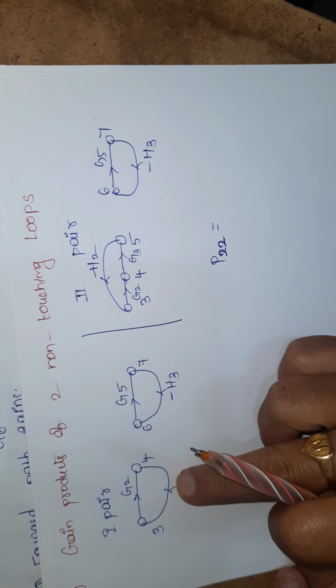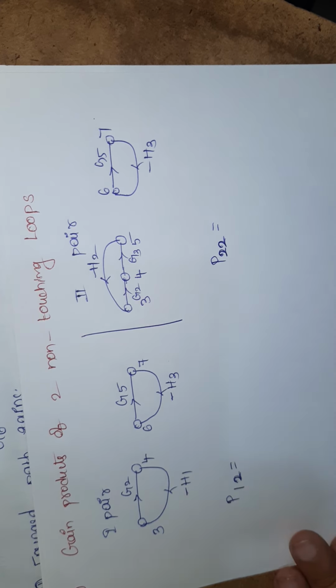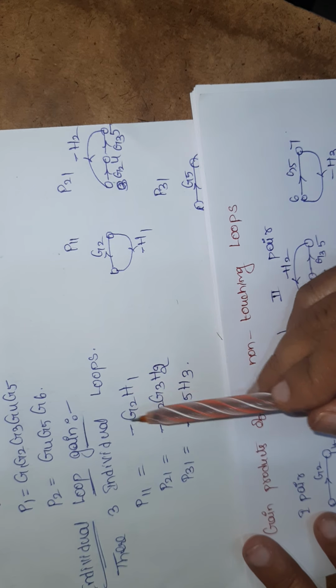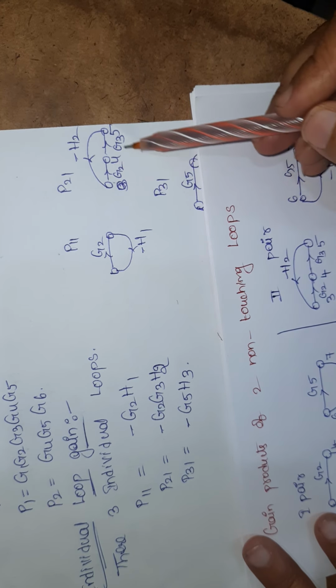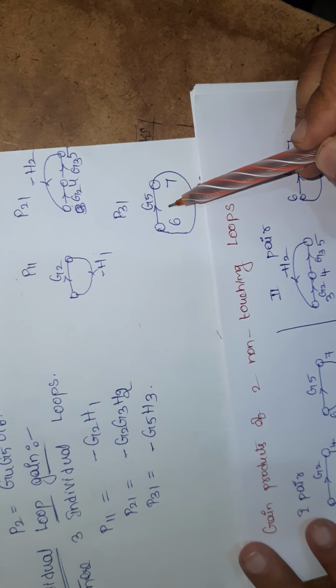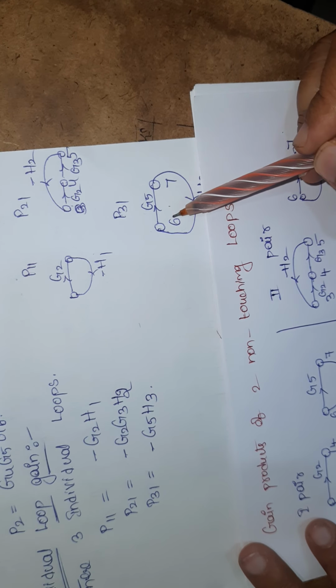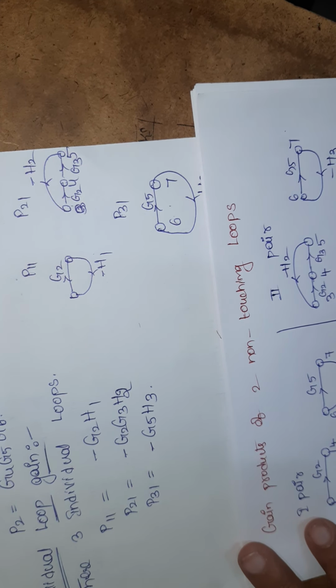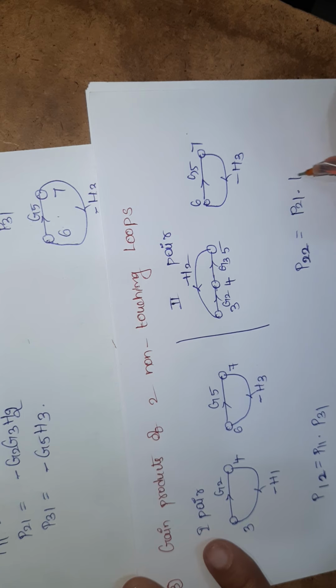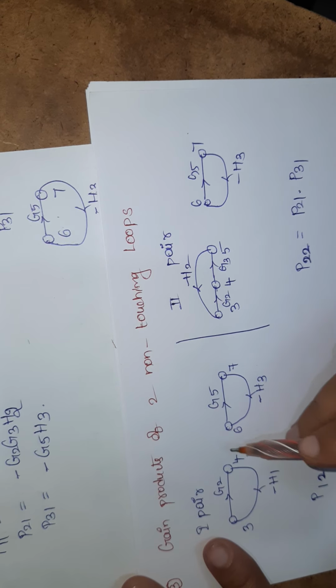Okay, so this we already know, minus G2 into H1, it is P11. This loop into this loop, P11 into P31, here P21 into P31. What is P11?